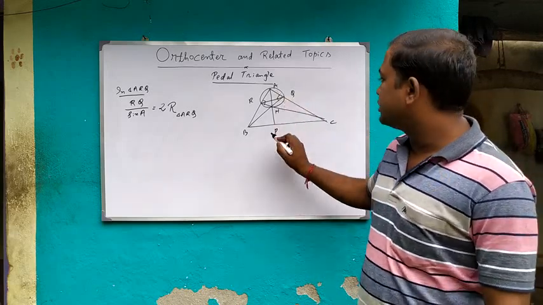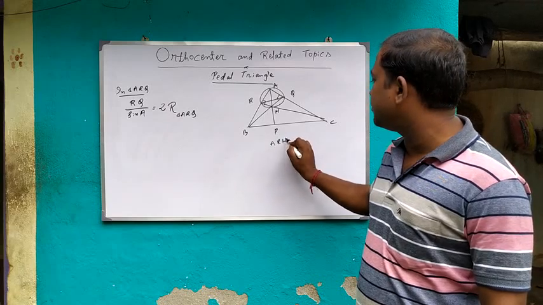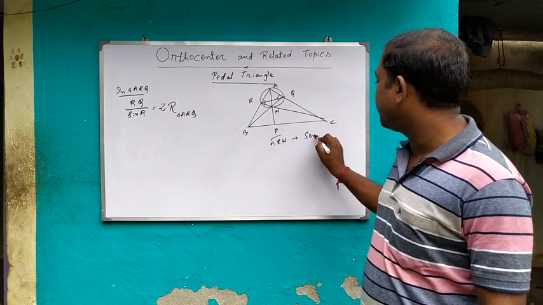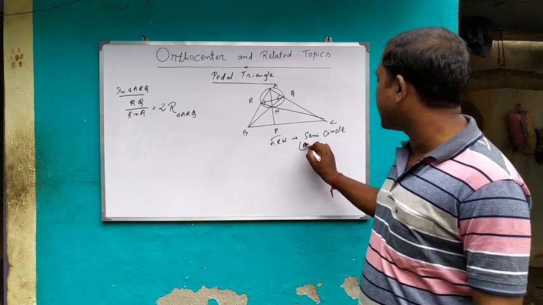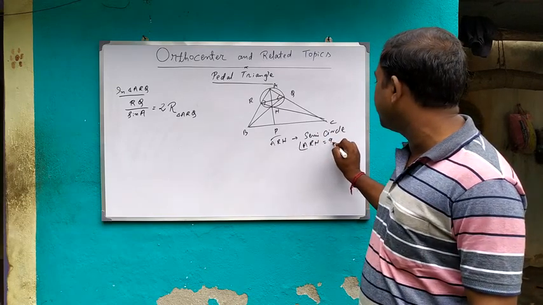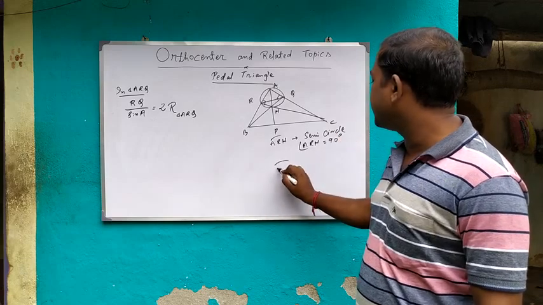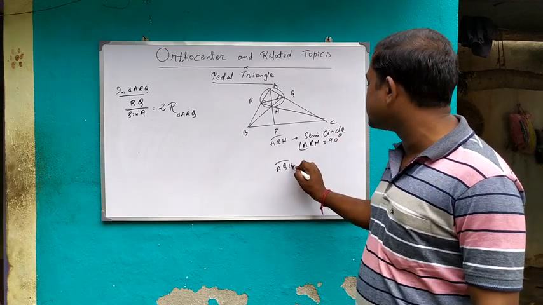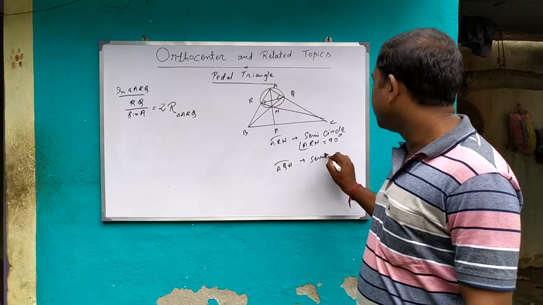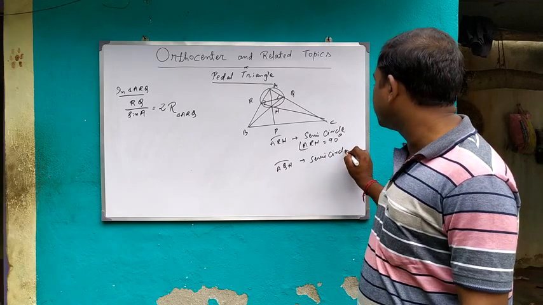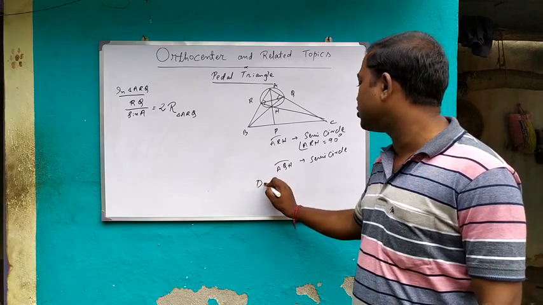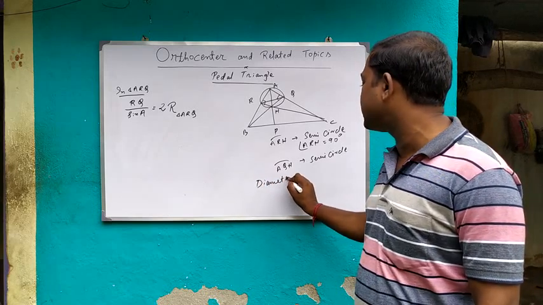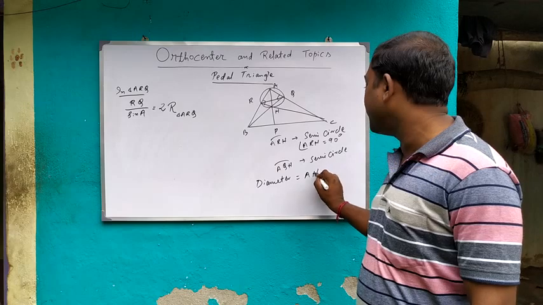Yes, since angle ARH is equal to 90 degrees, this is a semicircle. Similarly, AQH is a semicircle. So these are the 2 semicircles separated by the diameter AH. So the diameter of this circle is equal to AH.